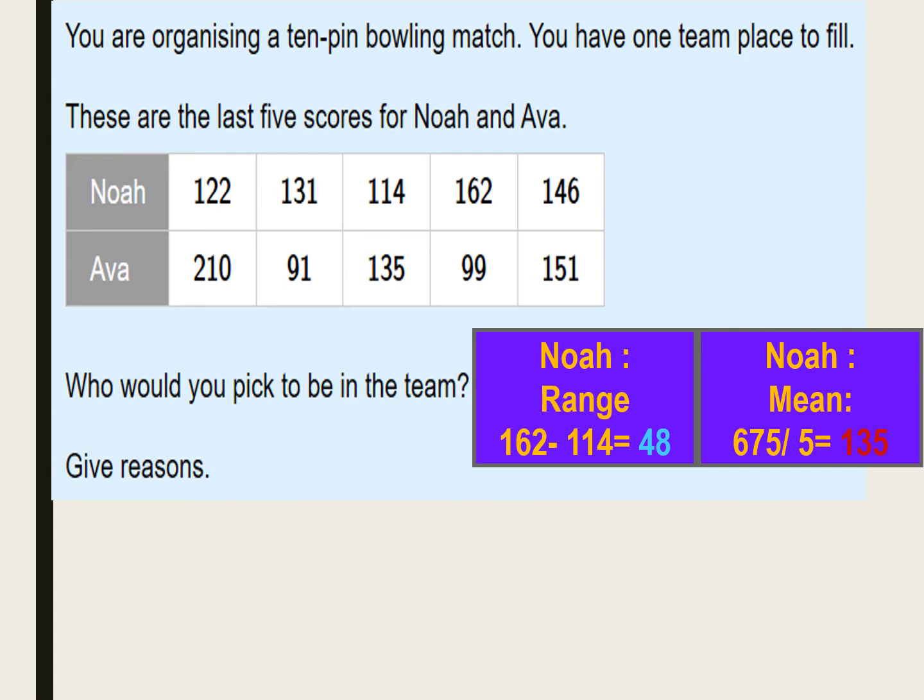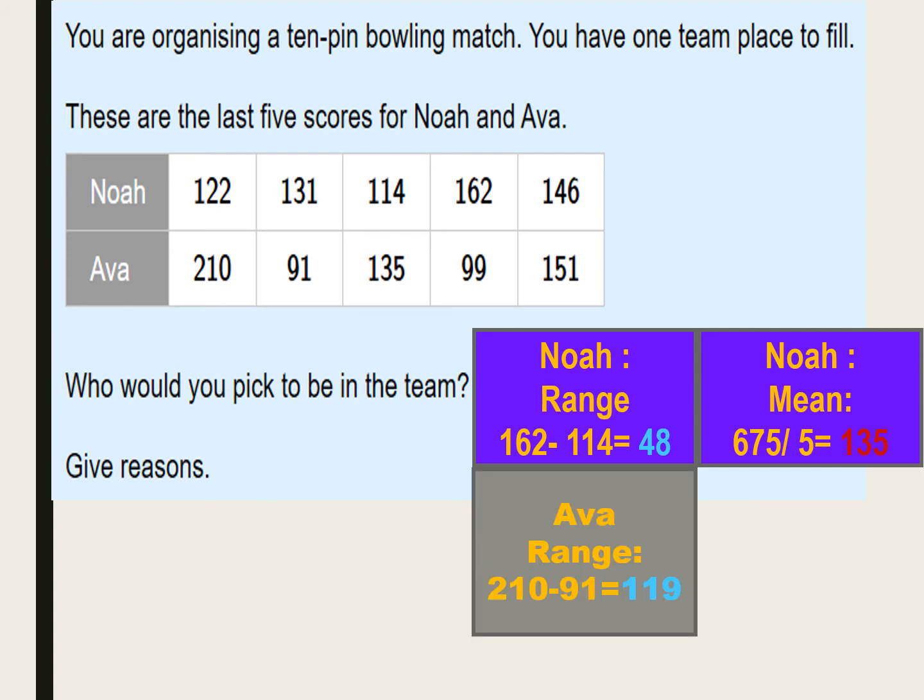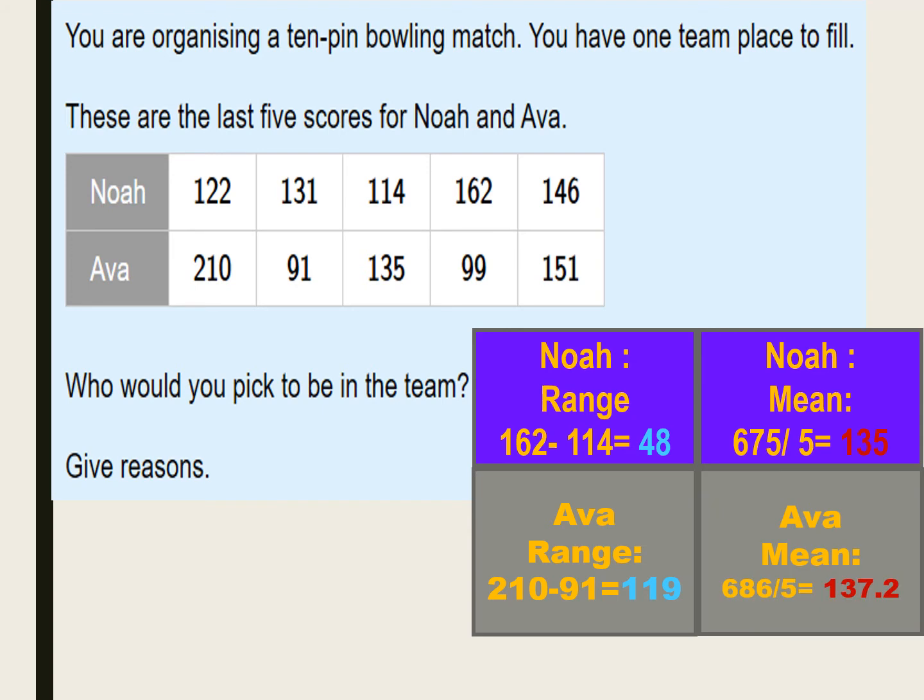Now, to find the range for Ava, you subtract the lowest score, 91, from the highest score, 210, to get 119. Now, according to the mean, you add all of them to get 686, and then you divide it by 5, which is 137.